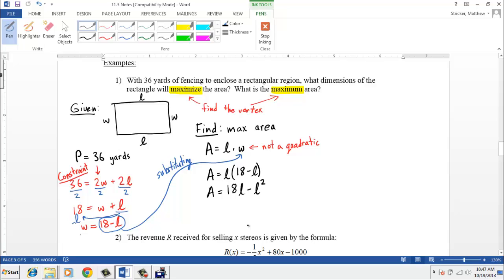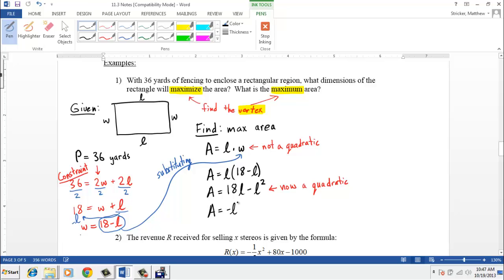And now notice we have a parabola. This is now a quadratic, which means can we find the vertex? Absolutely. Now most of the time we're used to seeing this in the form where the squared term comes first.